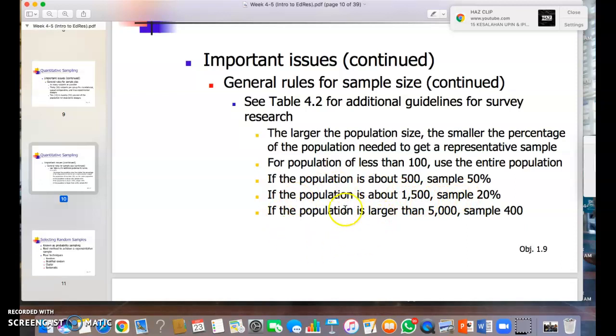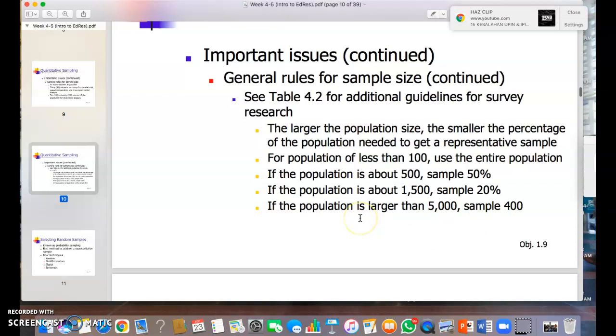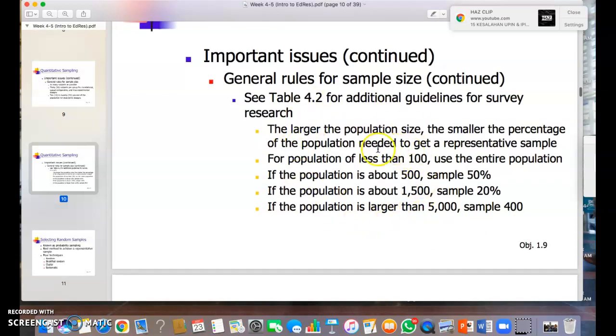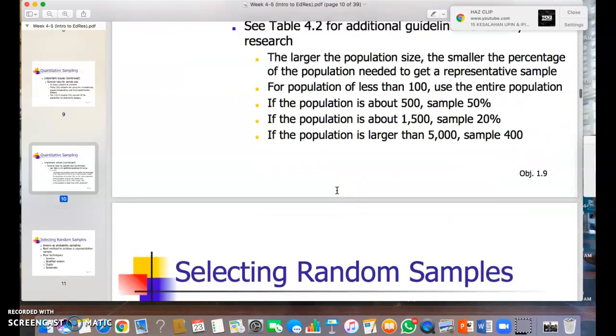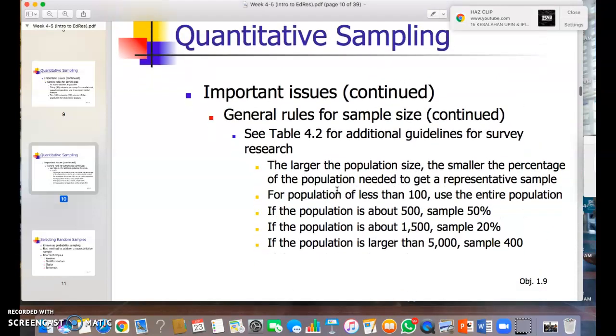And last, if the population is larger than 5,000, the sample is 400. You can follow this if you want to conduct quantitative research.